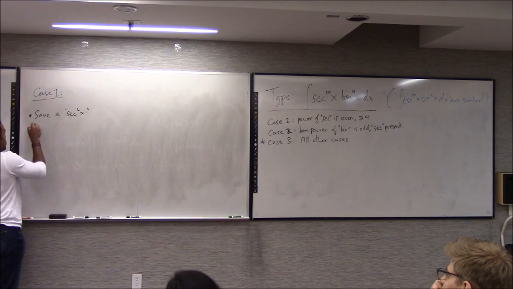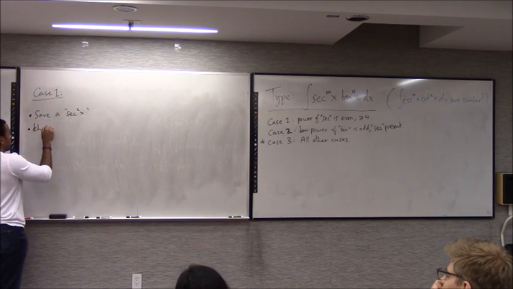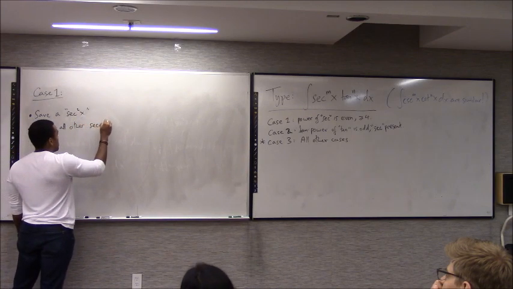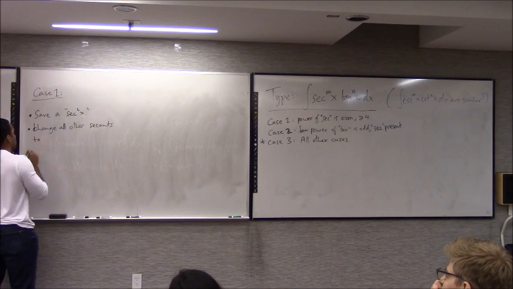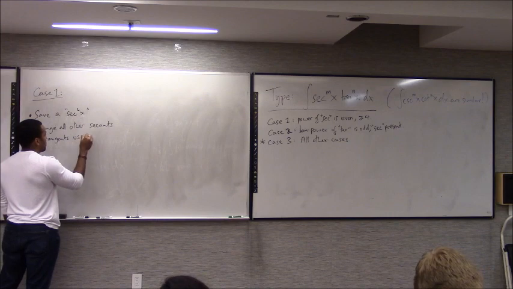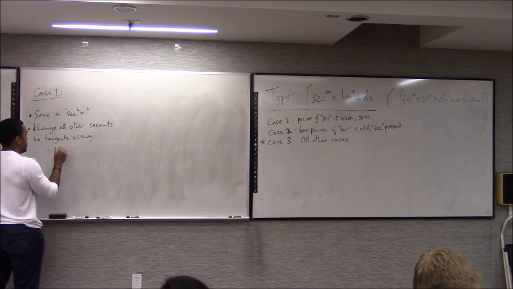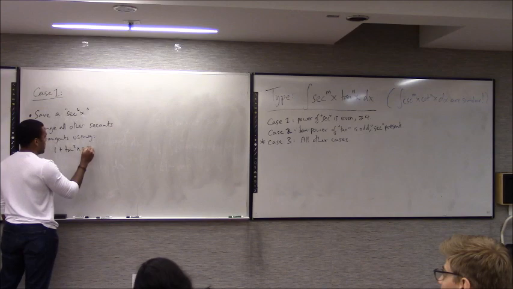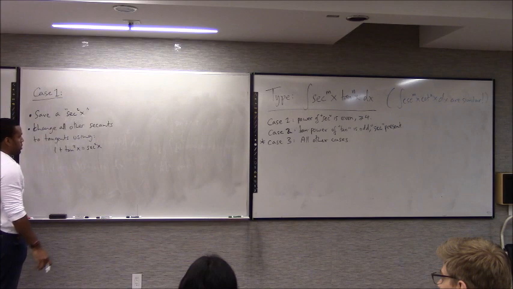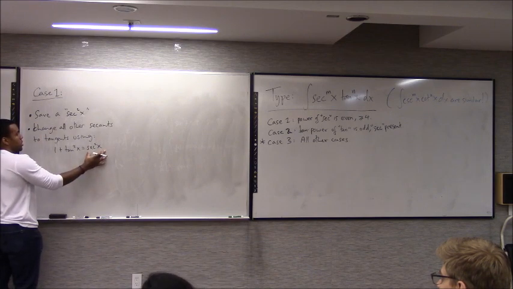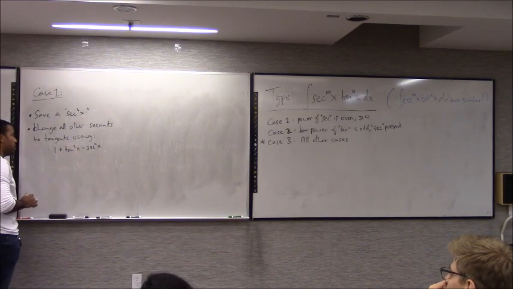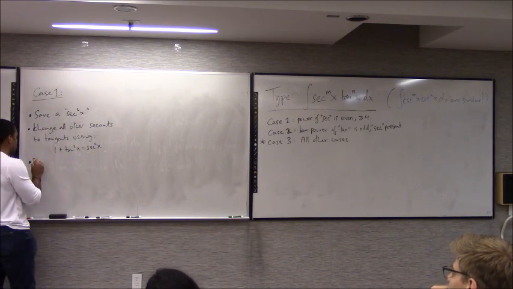You're then going to change all other secants to tangents using the identity we had: 1 plus tangent squared equals secant squared. So there's another secant squared, or a secant to the 4th, or a secant to the 6th, or a secant to the 8th. I can use this identity to change those. Then we can finish off with a substitution.